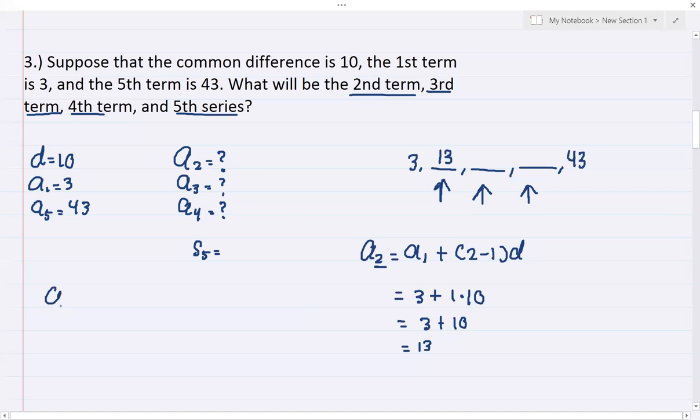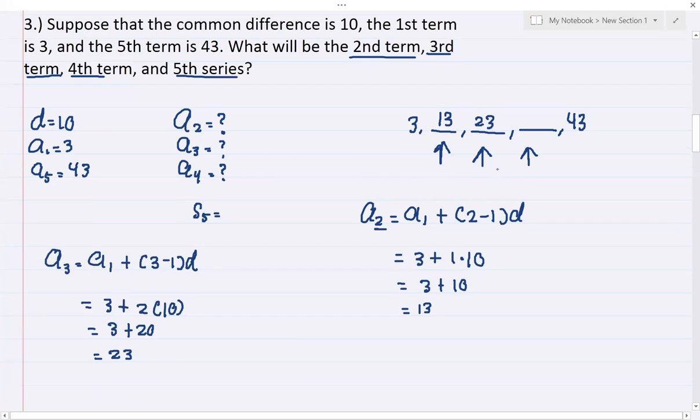Next, let's find your a sub 3. The same formula, a sub 1 plus, your n here is 3, so this would be 3 minus 1 times d. Let's substitute. a sub 1, 3, 3 minus 1, 2, times d, 10. So you will have 3 plus 20, which is 23. Your a sub 3 is 23.